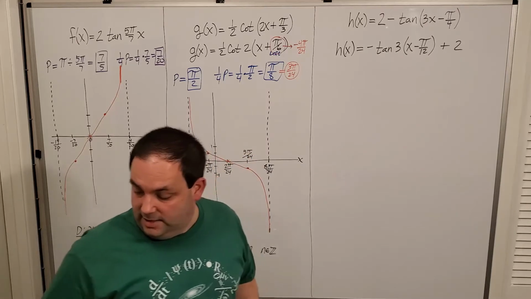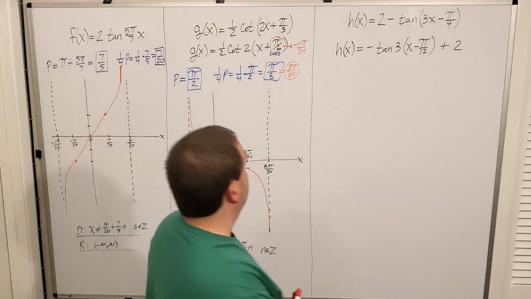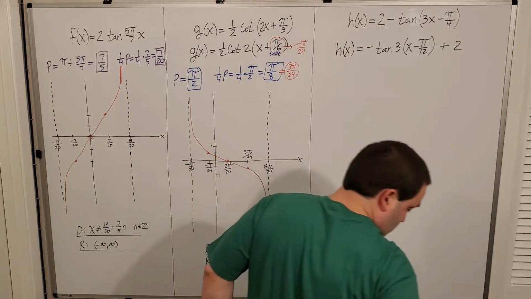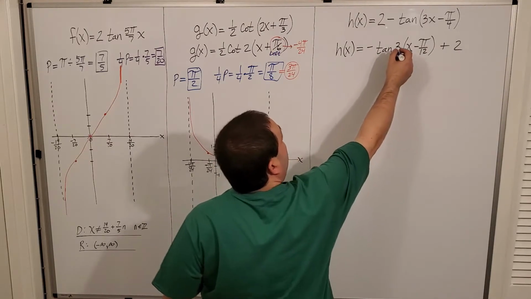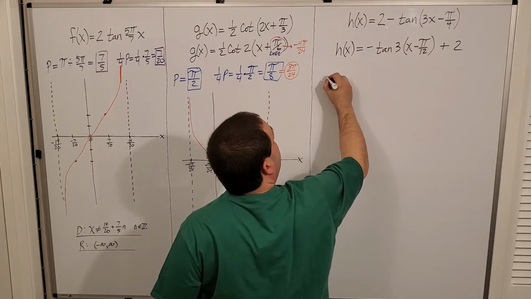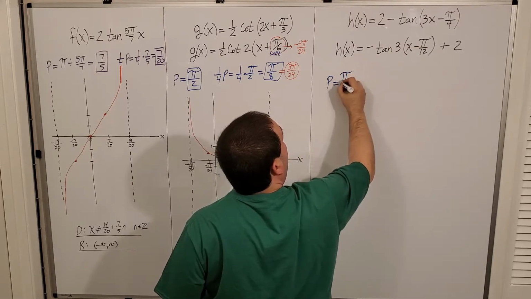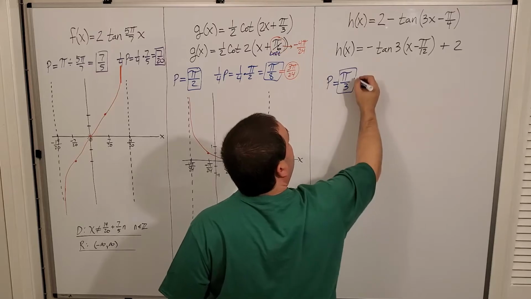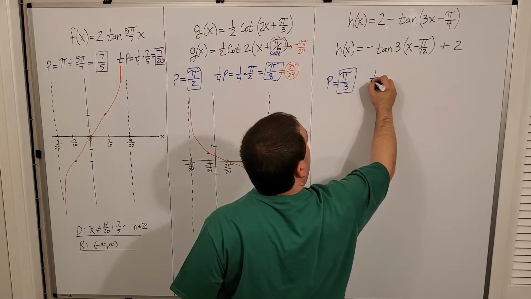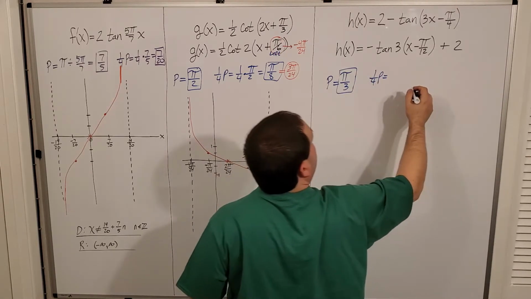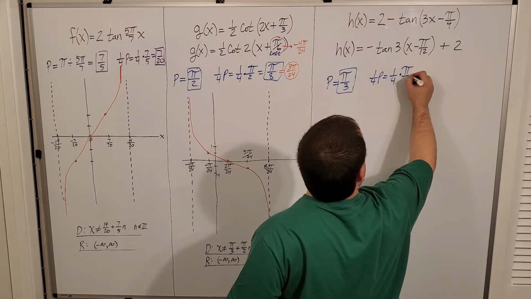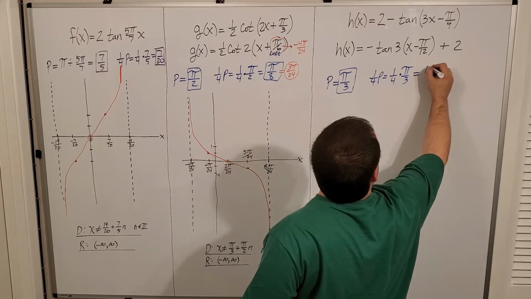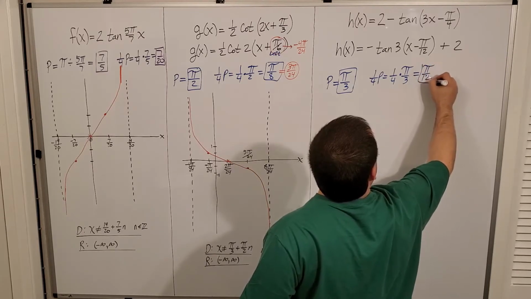Okay, so let's get the period here. Right, the 3. So period is pi over 3, which means that my quarter period is 1/4 times pi over 3, which is pi over 12.